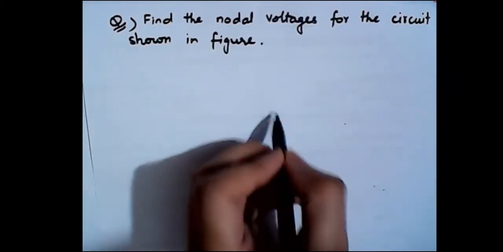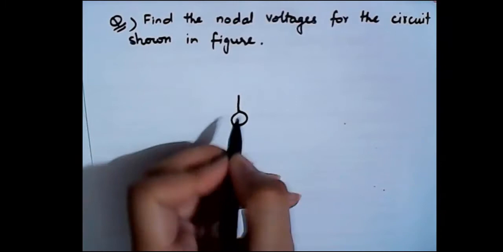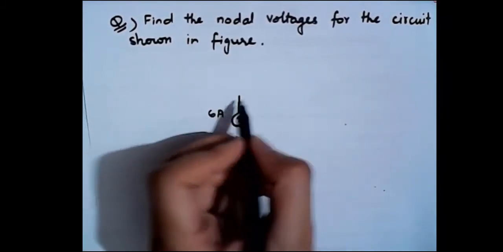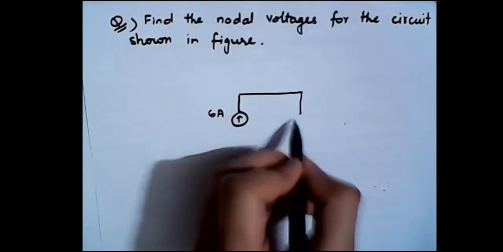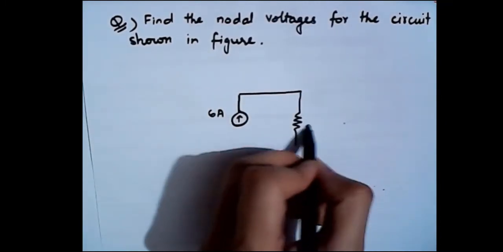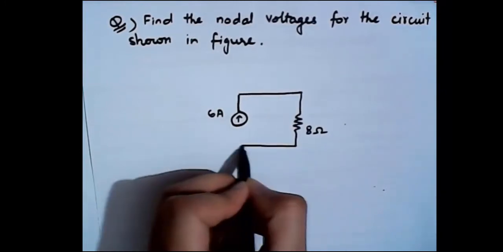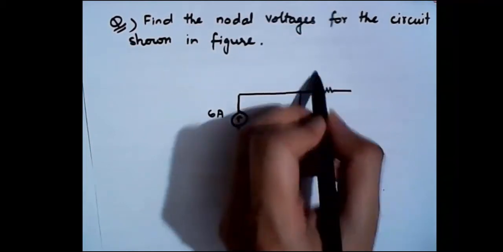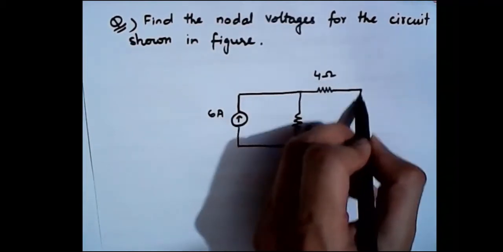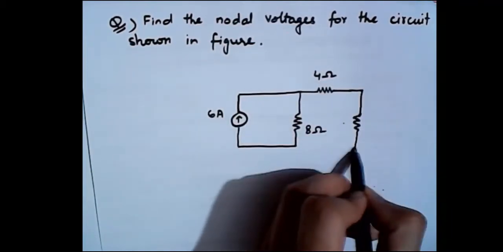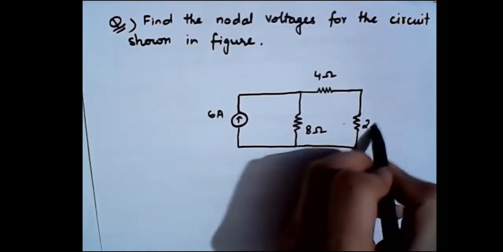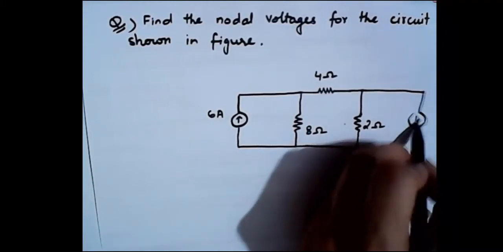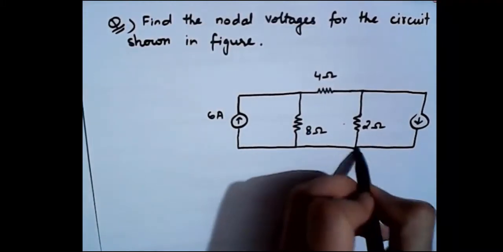Here is the circuit. It has a 6 ampere source connected to a 8 ohm resistance, with a 4 ohms resistance, and then we have a 2 ohm resistance, and finally we have a current source of 10 amperes.